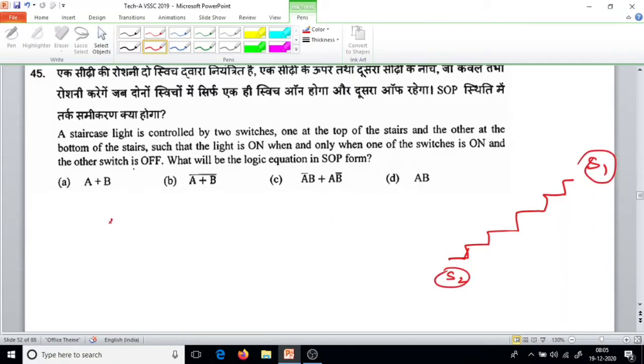Now we'll write the logic for this. Four states only we'll get: the two-bit combinations 00, 01, 10, 11. Now what is the output? We'll take the output.